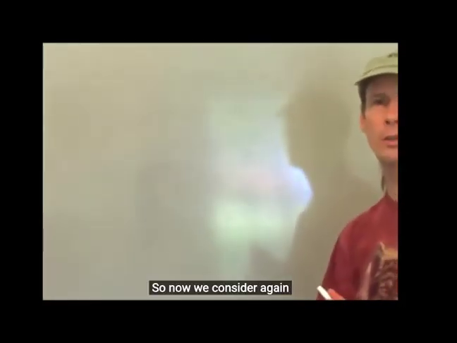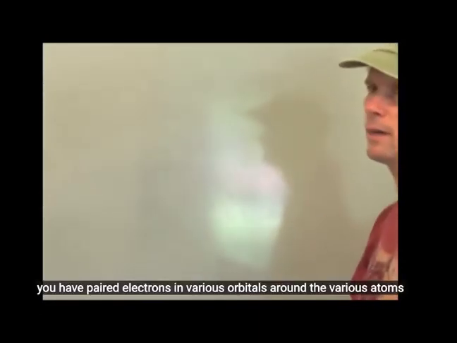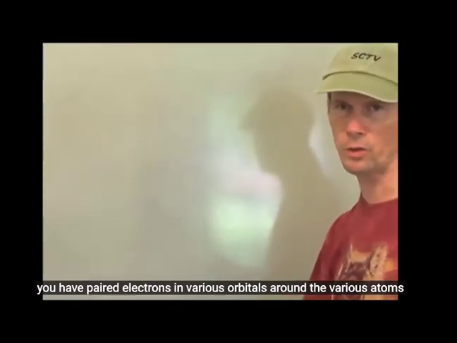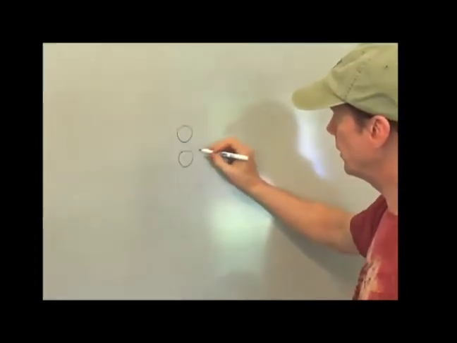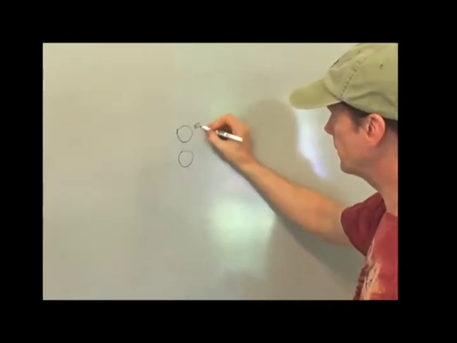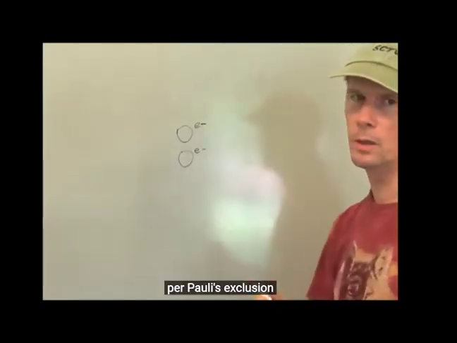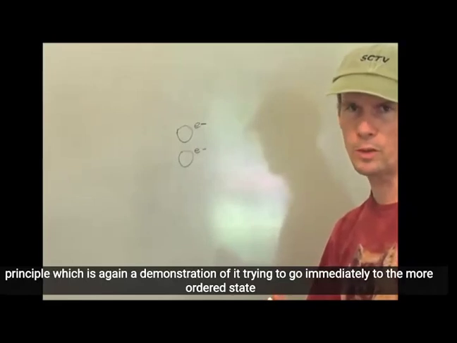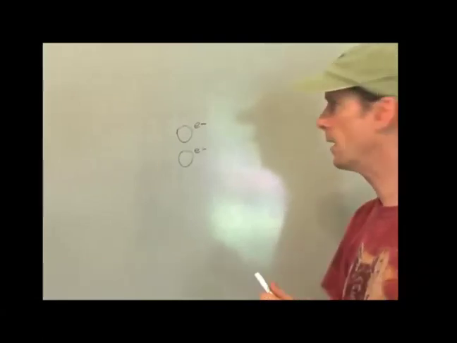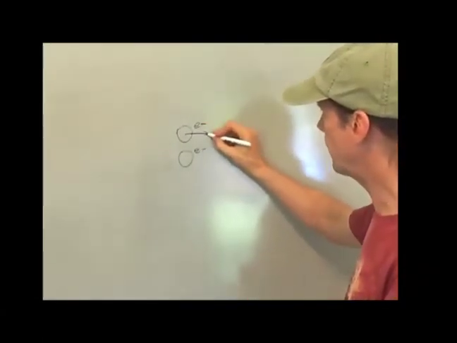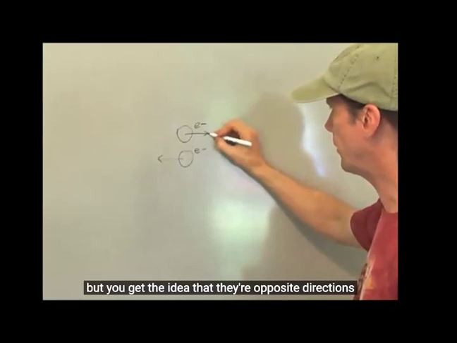So now we consider, again, you have an accumulation of atoms, and you have paired electrons in various orbitals around the various atoms, and each paired electron set, per Pauli's exclusion principle, which is again a demonstration of it trying to go immediately to the more ordered state, with a spin up and a spin down, which I'm going to show sideways now, but you get the idea that there are opposite directions.